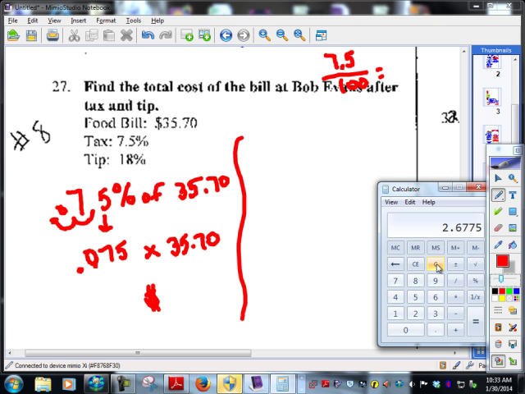Now, we've got to figure out how much money this is. We always round to the pennies, which is the second decimal place, the hundredths. This is $2. That is 6 dimes. That is 7 pennies, but then it's 7 pieces of a penny. You always round to the hundredths. This is $2.68.